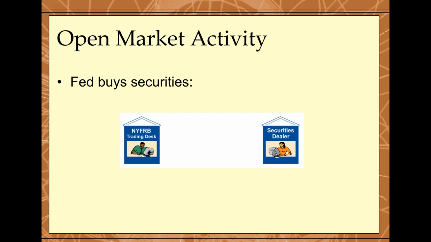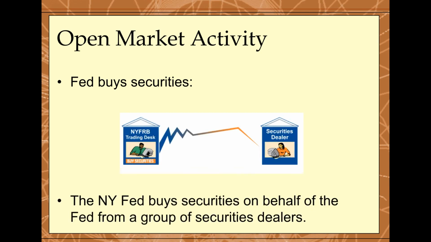Now, in particular, the New York Federal Reserve Bank is in charge of the buying and selling of government securities based upon the direction of the FOMC. What they do is the New York Fed buys securities on behalf of the Fed from a group of security dealers.